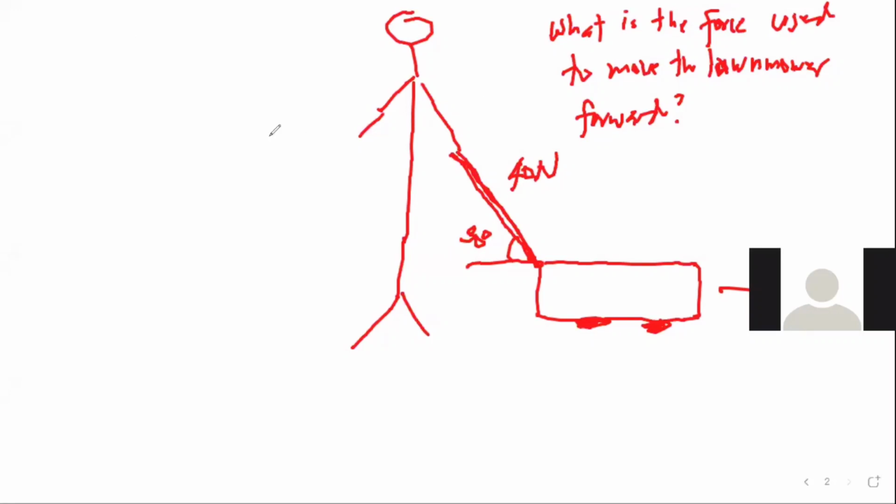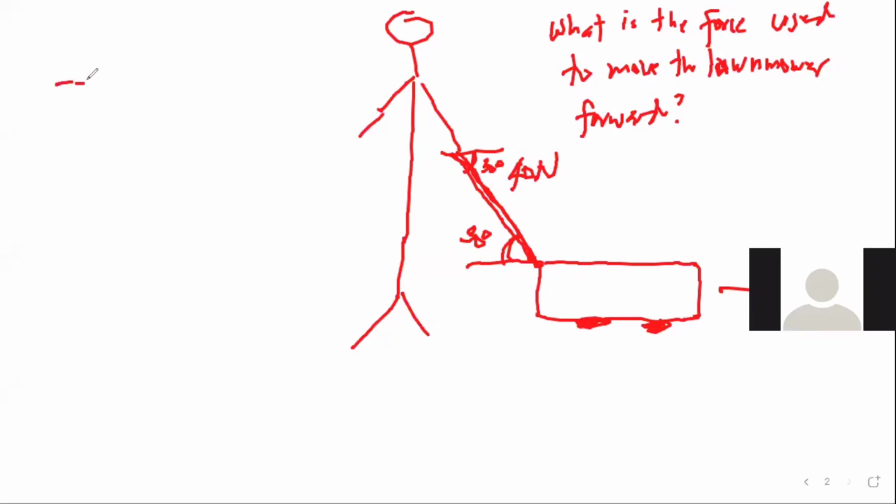Now, the force that is applied by the gardener is angled at 30 degrees. So this one is the elevation, and of course the depression is right over here, which is also 30 degrees. So we are going to have the vector.